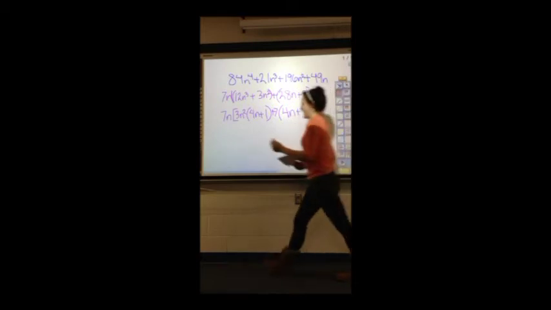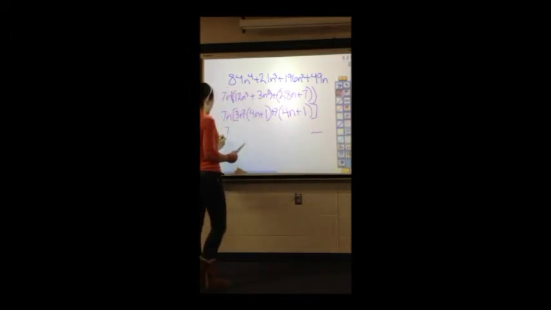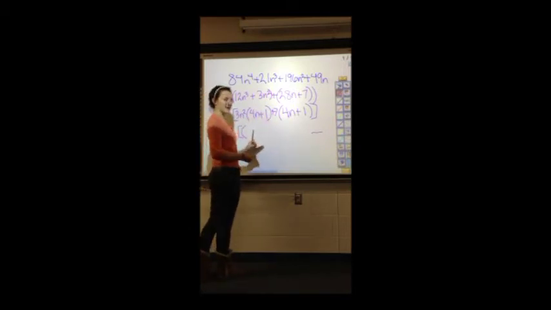And then from here, you're going to simplify it into one problem. You're going to get 7n, and then a parenthesis, and then you're going to write 3n squared plus 7, because those two numbers just end up getting added together in the end.